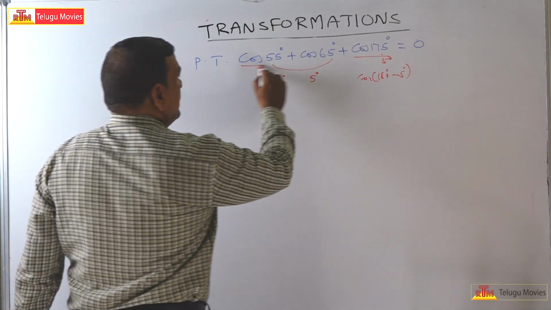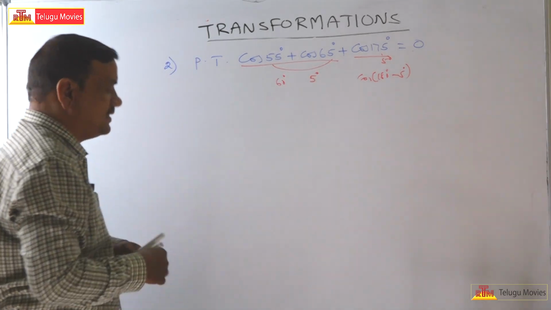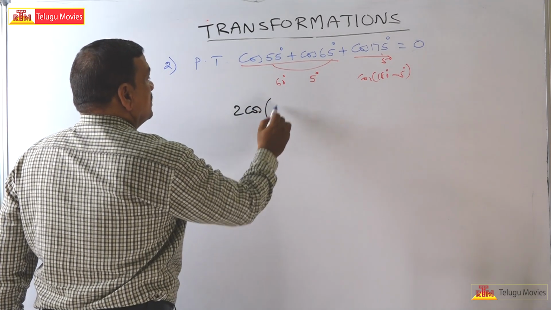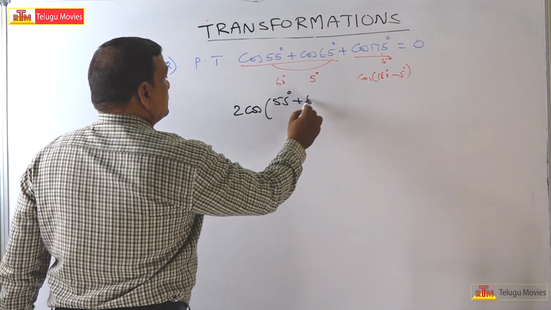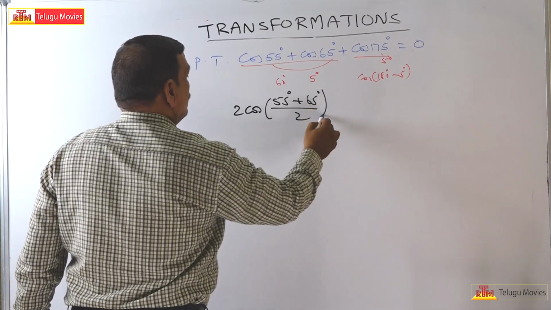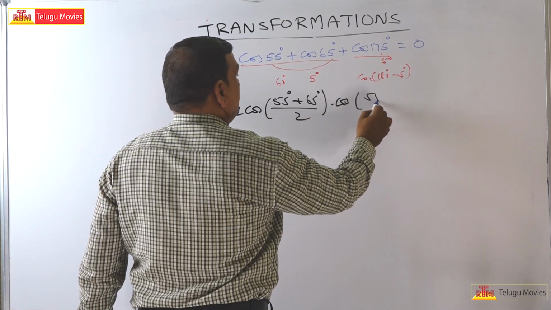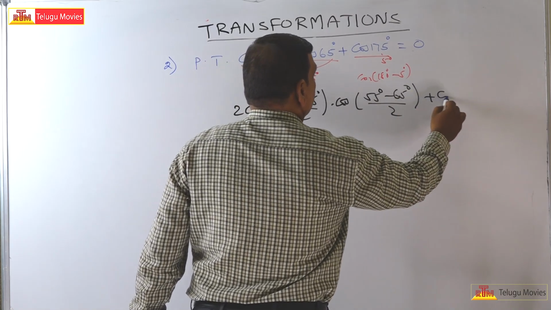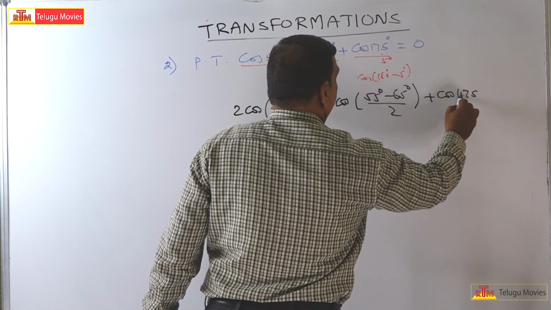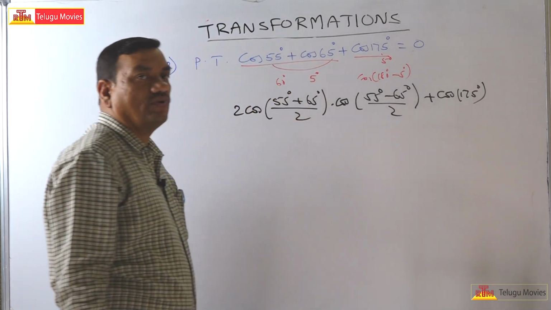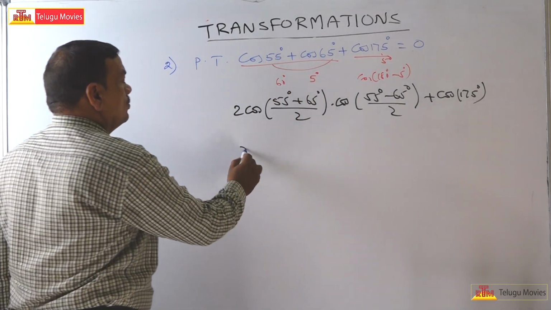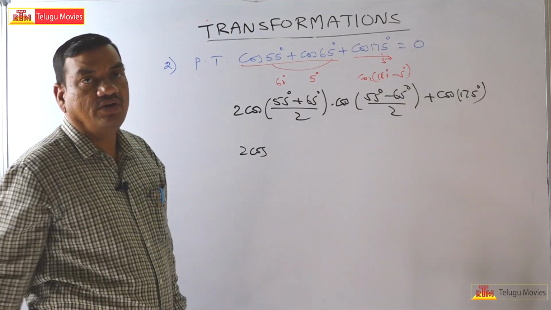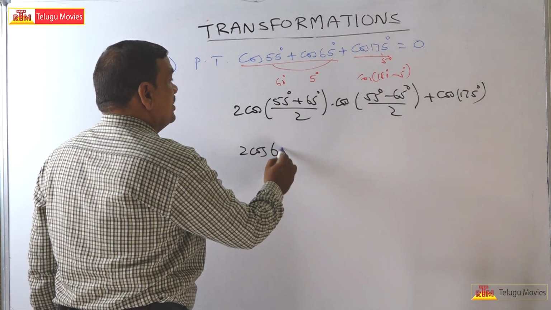Now first combine these two, cos C plus cos D, which is 2 cos (C plus D) by 2 cos (C minus D) by 2, plus cos of 175 degrees. So this is equal to 2 cos of (55 plus 65) by 2, 120 by 2, is equal to 60 degrees.